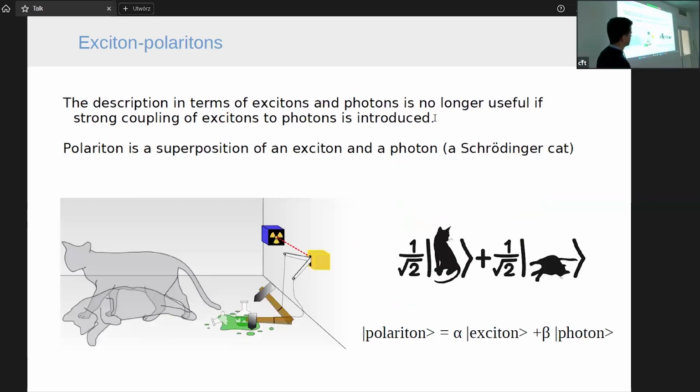You can think of it as a state similar to a Schrödinger cat state in some sense. If you have a polariton, it means that you have an exciton and a photon in a coherent superposition, so there is some quantum amplitude of having an exciton and some amplitude of having a photon. Of course, if you have many polaritons, you can have excitons and photons at the same time, but this is the basic picture.